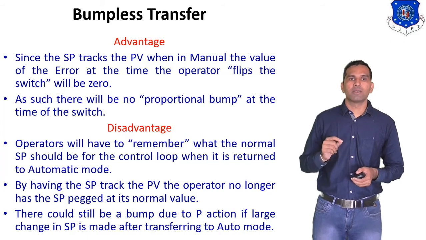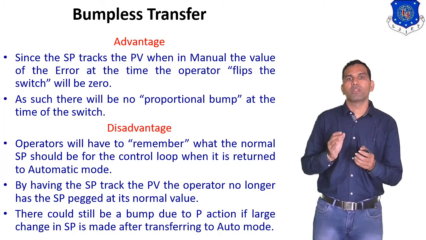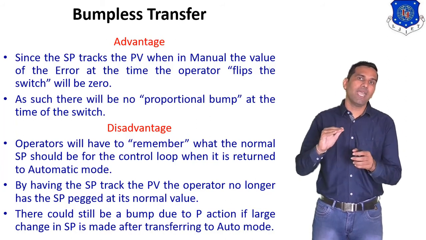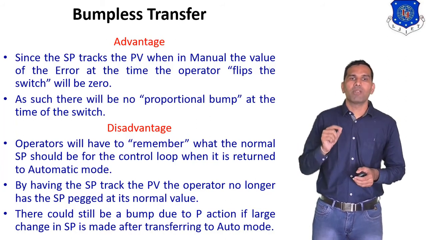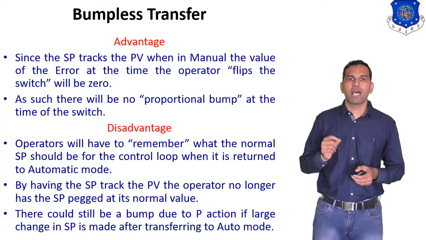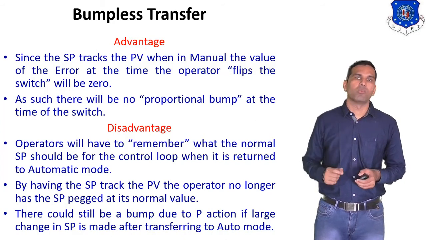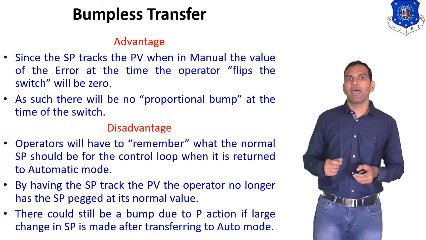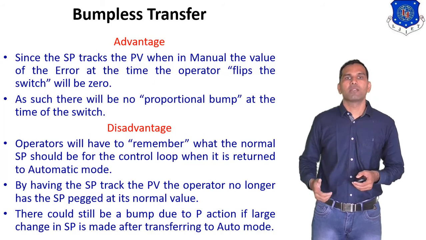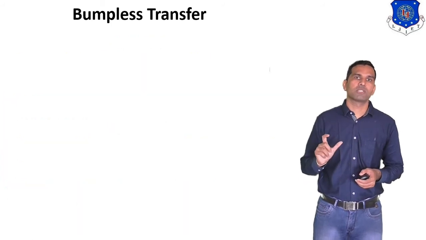And third, there could still be a bump due to P action, that means proportional action, that creates a bump if a large change in SP is made after a transfer to auto. So these are the advantages and limitations of the first control system of the Bumpless Transfer.